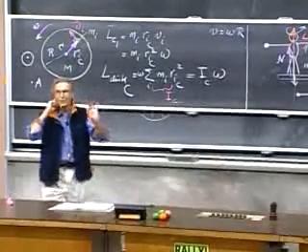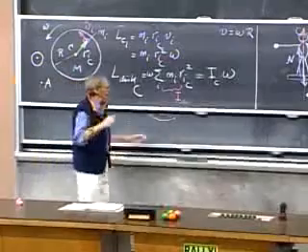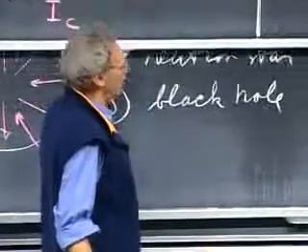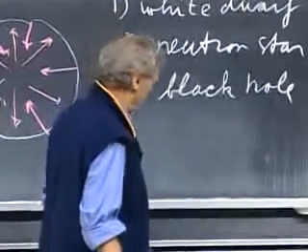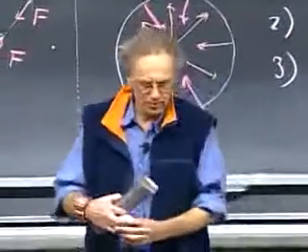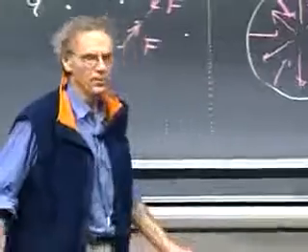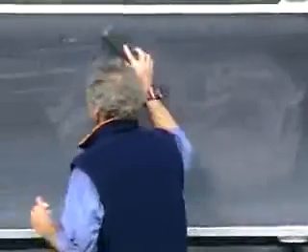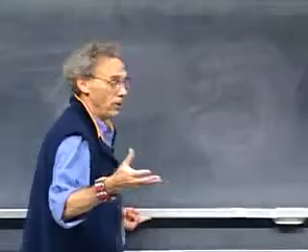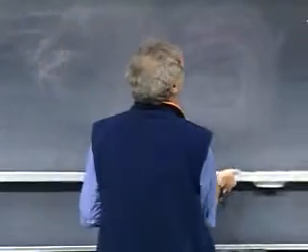I want to do a little bit of quantitative work on this, and I want to take an object like our sun, and I would like to collapse that object from its present radius, which is about 700,000 kilometers. I want to collapse that to a neutron star with a radius of 10 kilometers, even though I know, and I told you, that the sun will not become a neutron star.